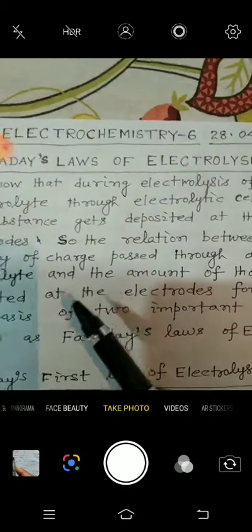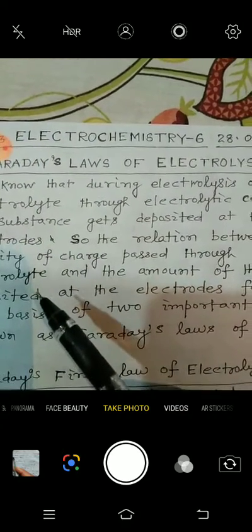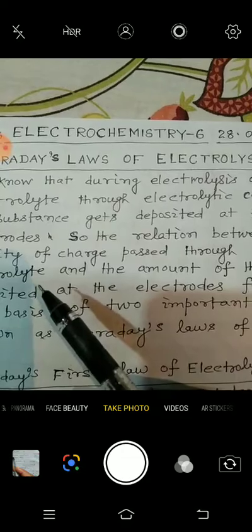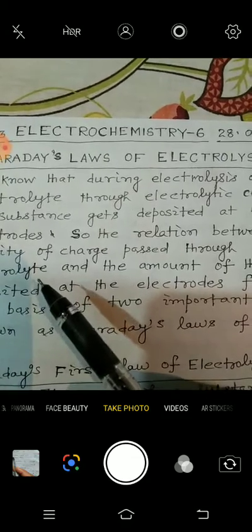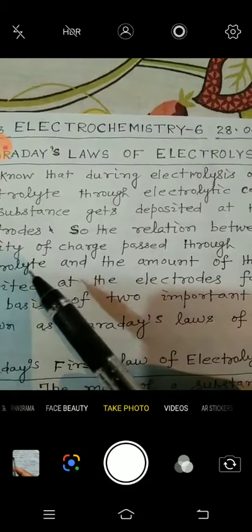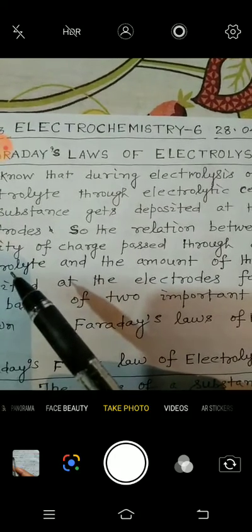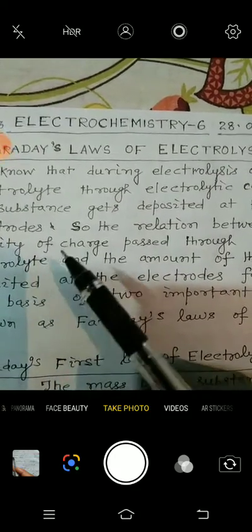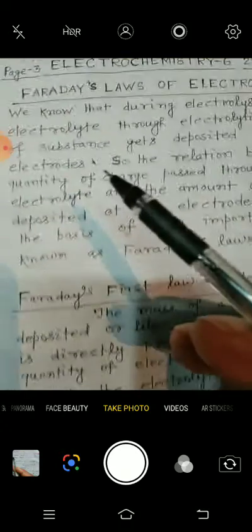From his experiments, Faraday obtained results which were expressed in the form of two laws, given below.